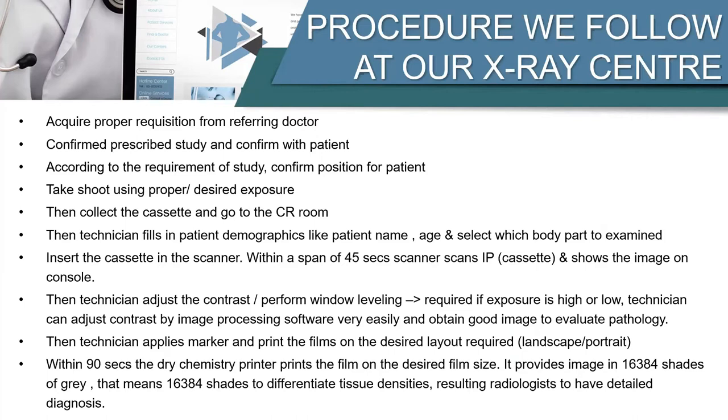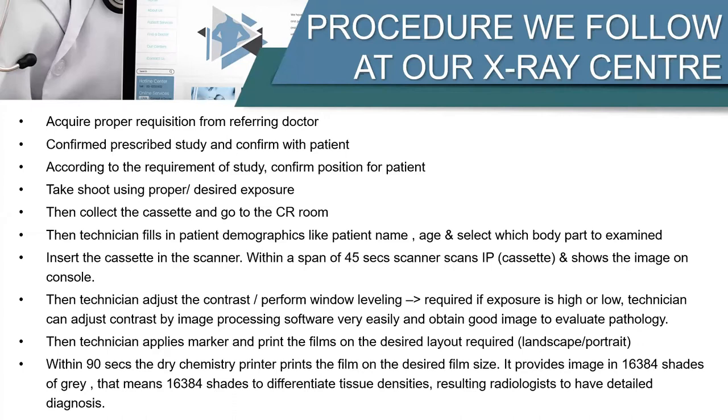We confirm the position of the patient. Then, using the console, we take a proper shot using less exposure of X-rays. Then the technician collects the cassette and goes to the CR room, where he inserts the cassette into the digitizer, or what we call a reader.